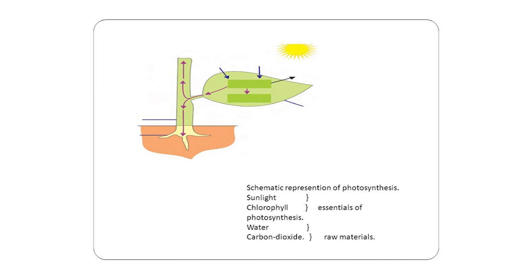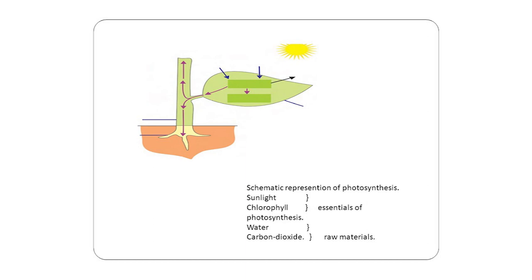And then sunlight falls on the green leaf, chlorophyll, and then there is another black arrow, which shows oxygen is evolved. One is carbon dioxide entering in, the other is oxygen evolved. That is the schematic representation.